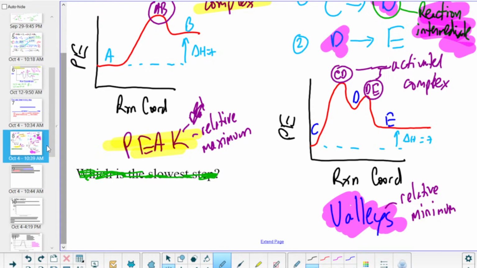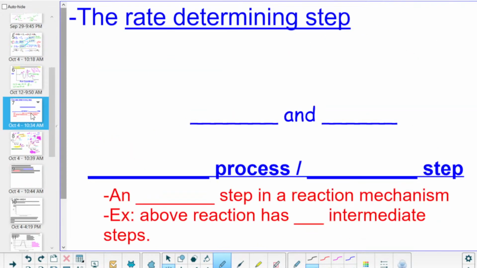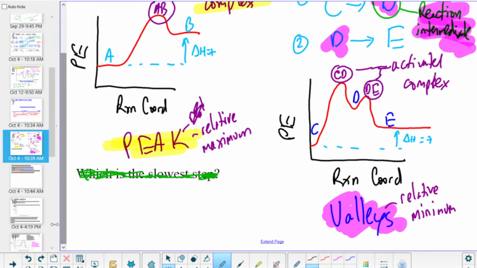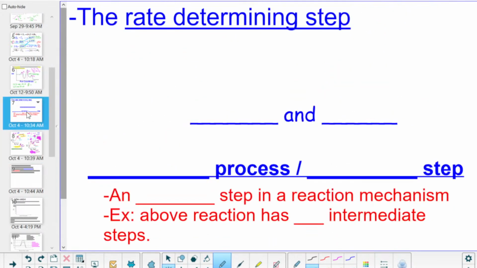Try to explain this. Okay? Now I'm going to go back to here. Anybody still getting this down? Okay, back to here. Who are our two slow people? Felix and Sophia. The rate determining step.